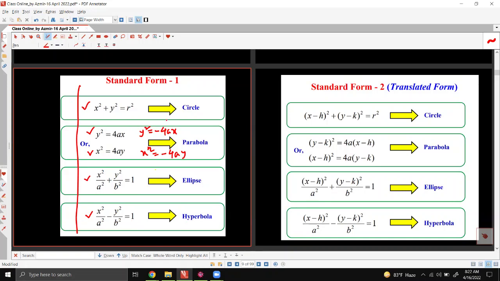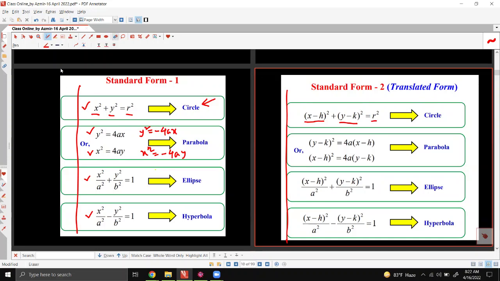Similarly, we have these forms also. Have a look here. We have x squared plus y squared equals r squared. This is the equation of a circle. Similarly, x minus h squared plus y minus k squared equals r squared. This is also a circle.